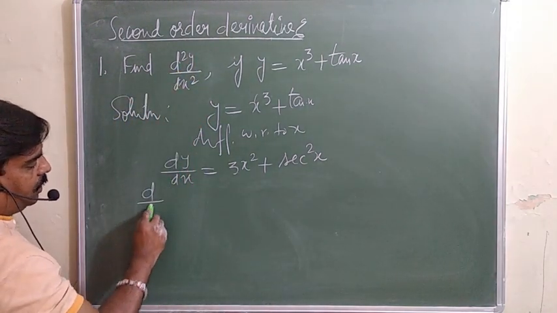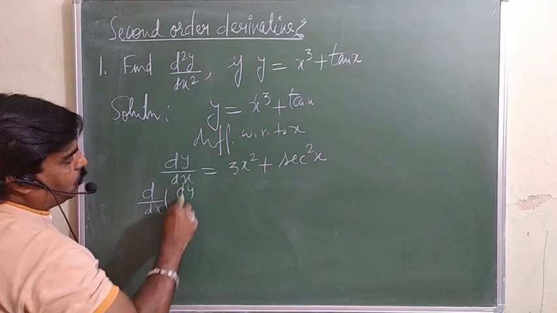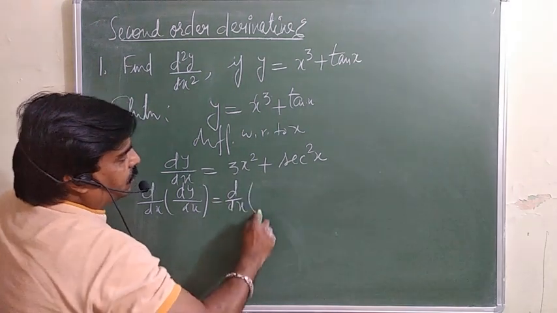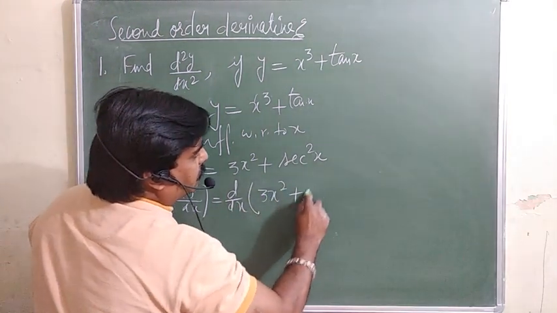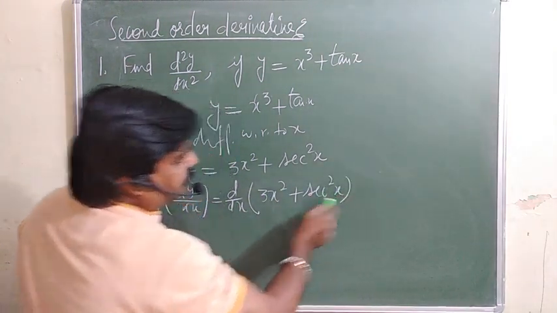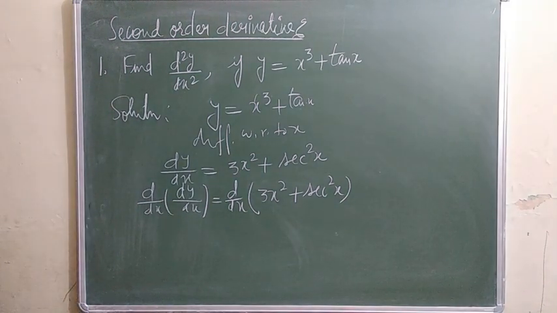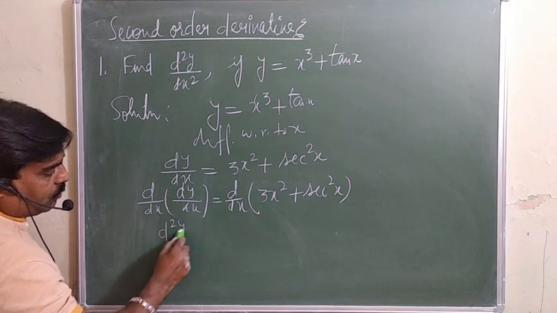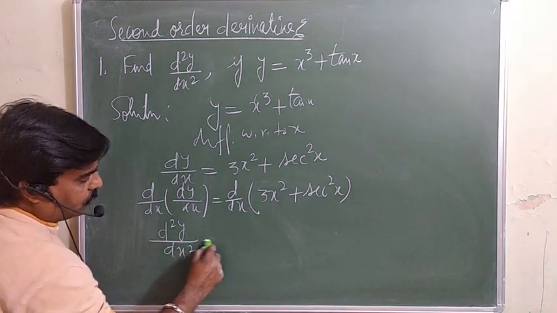Means again d over dx of dy over dx is equal to d over dx of 3x square plus sec square x. Again you are supposed to find the derivative of this one, then you will get d square y over dx square. So that is your second order.